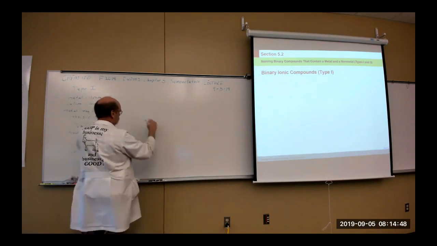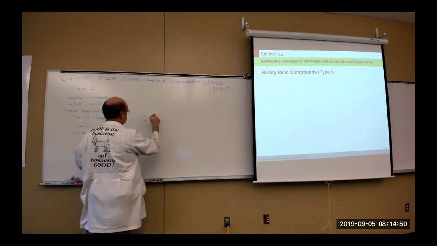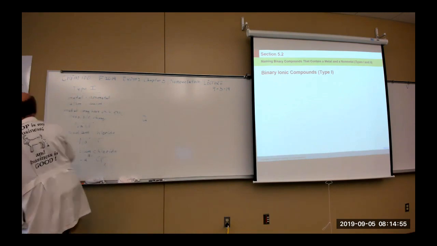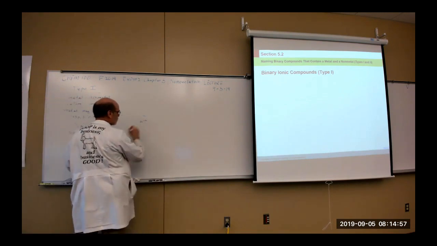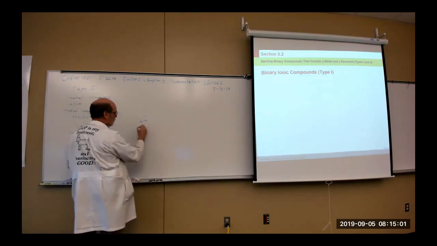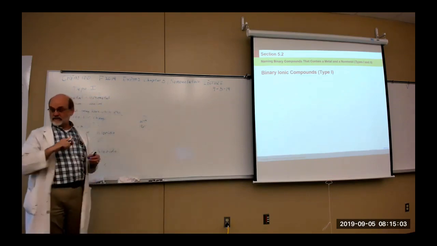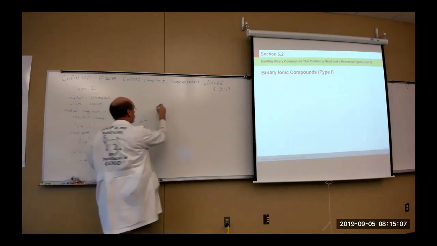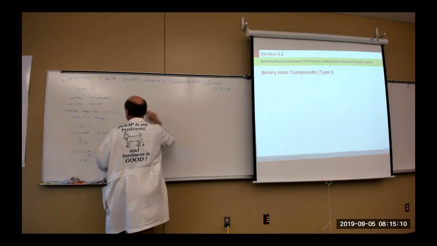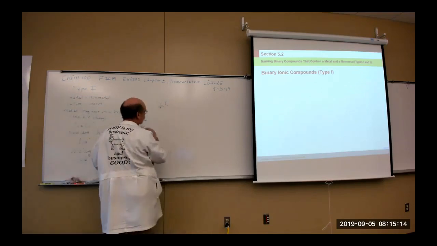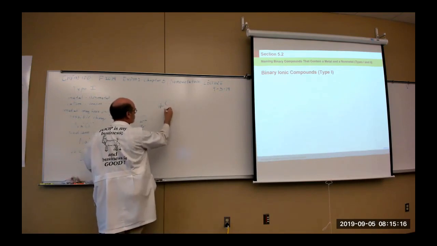All right, let's do that. Calcium is 20, right? So we have 20 protons, but we only have 18 electrons, right? That gives it a 2 plus charge, right? So with chlorine, we have 17, but it's a 1 minus charge, so it has 18 electrons.